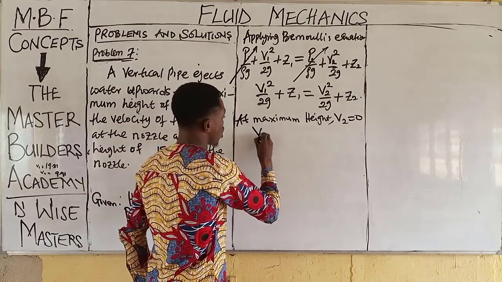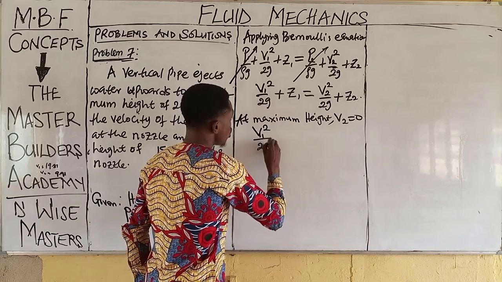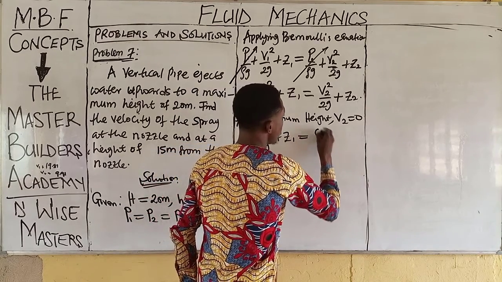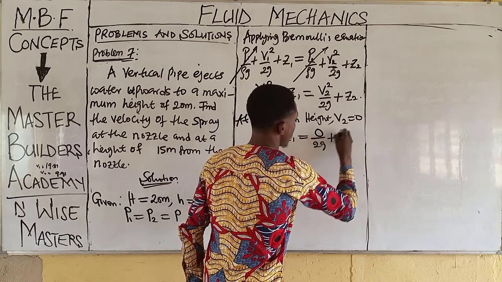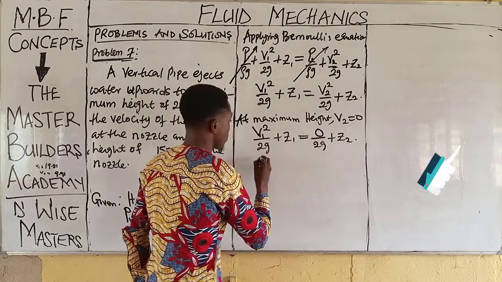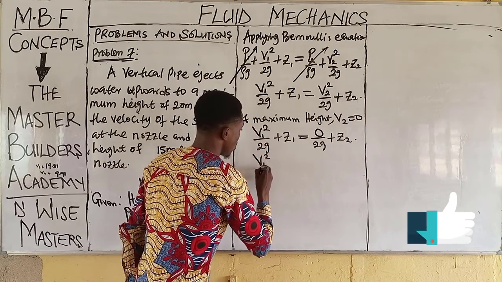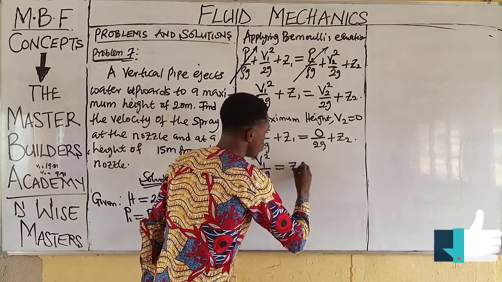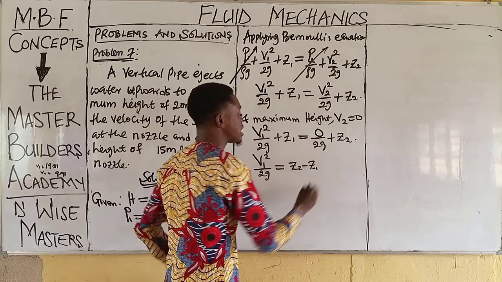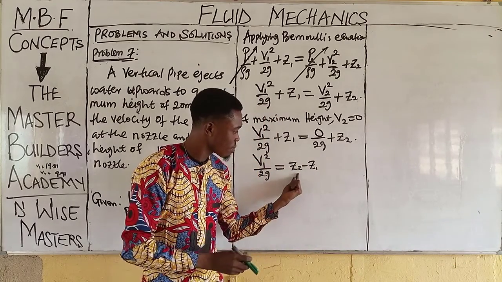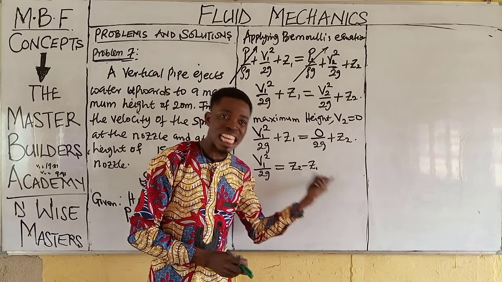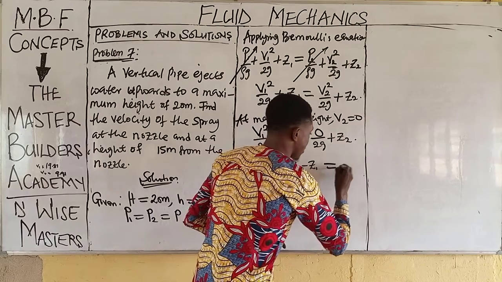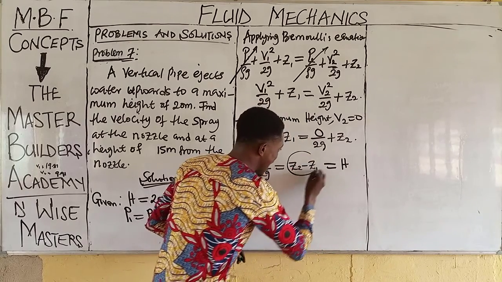Automatically, this equation becomes V1 squared over 2g plus Z1 is equal to 0 over 2g plus Z2. So from here we have V1 squared all over 2g is equal to Z2 minus Z1. And we know that the difference between elevation at the starting point and at the exit point is equivalent to h. Therefore, we replace this with h.